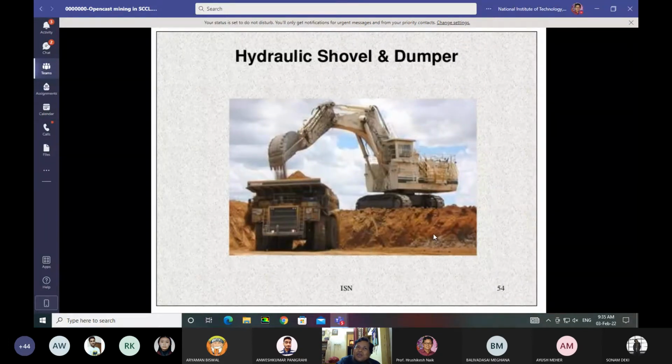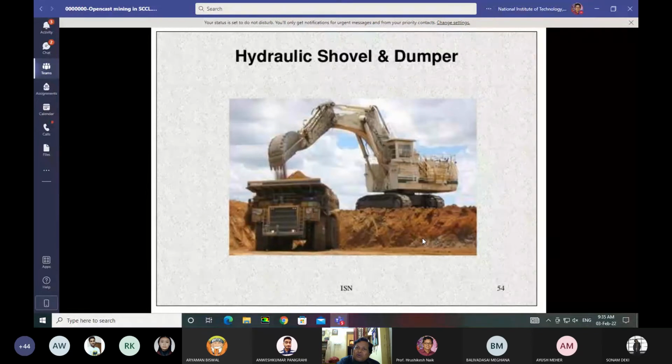This machine, hydraulic shovel, you must have seen a lot of civil engineering application is there for making a pond, making a canal, making roads, all sort of activities are carried out by the hydraulic shovel. It is a small machine and it sits on the top of the bench, cuts the material, loads the truck which is standing at the lower level than the shovel.